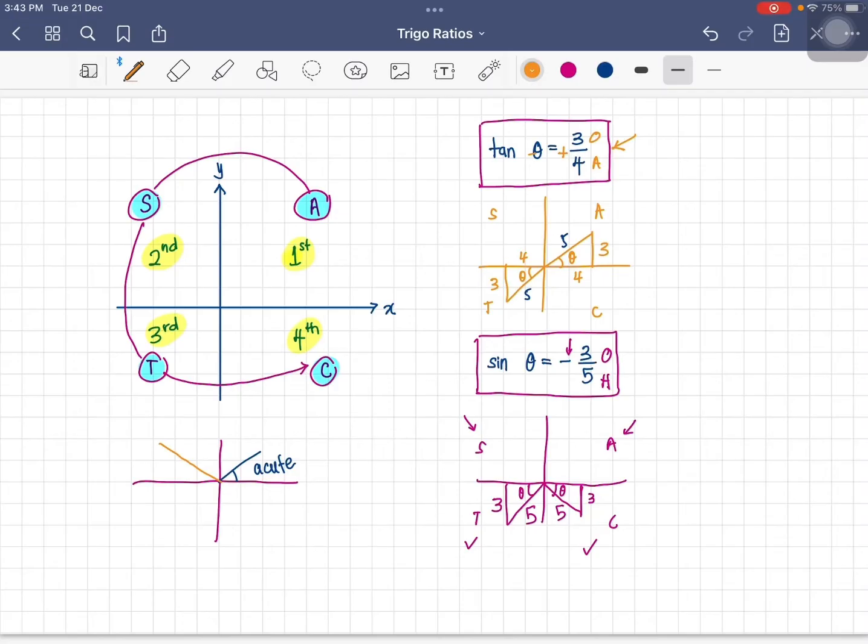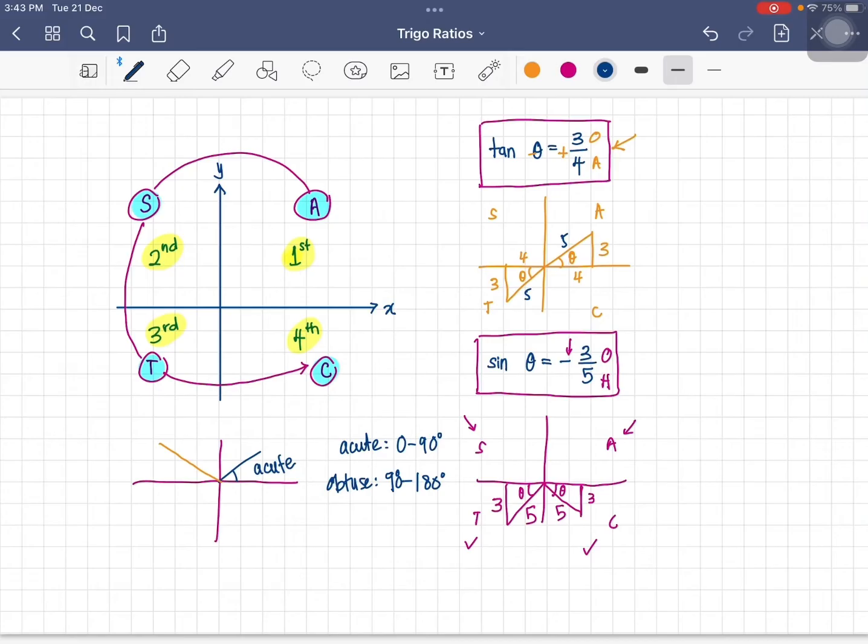Acute is from 0 to 90 degrees, or below 90 degrees, and obtuse is actually 90 degrees to 180 degrees, right? So it's greater than 90 but less than 180.